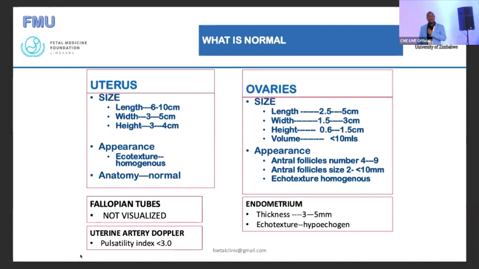The fallopian tubes are not visualized unless there's a pathology there. When you do the uterine artery Doppler, the pulsatility index should be less than 3 in a normal uterus. We also look at what we evaluate in terms of the ovaries and the endometrium.